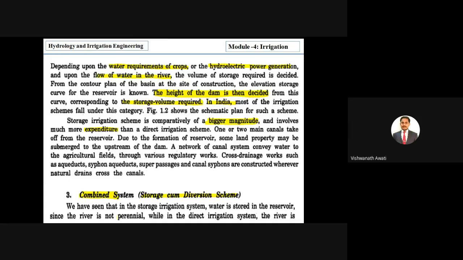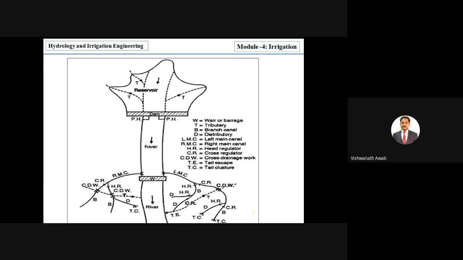While in the direct irrigation scheme, the river is perennial. So here you can see, first here it is a river, here it is a river. So what they did, first water will be stored. So it is water storage come diversion.